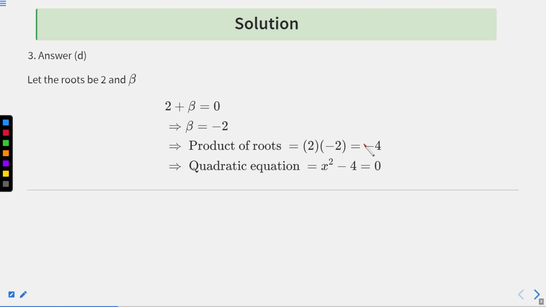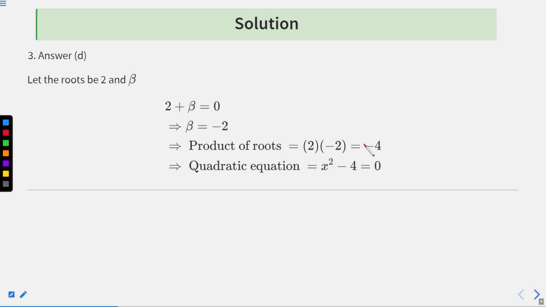Here you can use the concept of relations between zeros of a quadratic equation and its coefficients. You know that if alpha and beta are the zeros of the quadratic equation ax square plus bx plus c is equal to 0, then alpha plus beta is equal to minus the coefficient of x divided by the coefficient of x square.